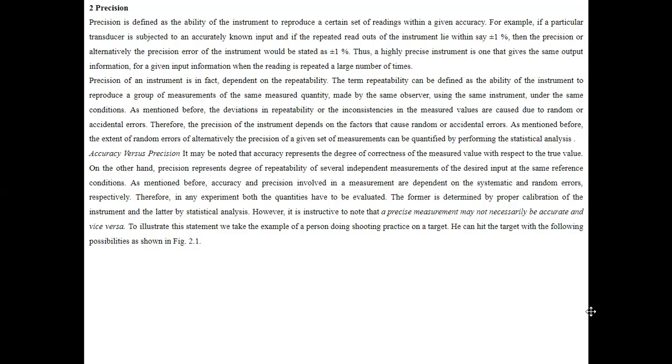Thus, a highly precise instrument is one that gives the same output information for a given input information when the reading is repeated a large number of times. Therefore, this is nothing but precision.